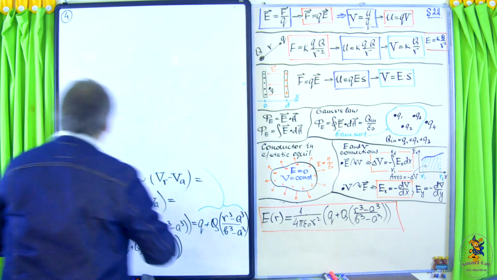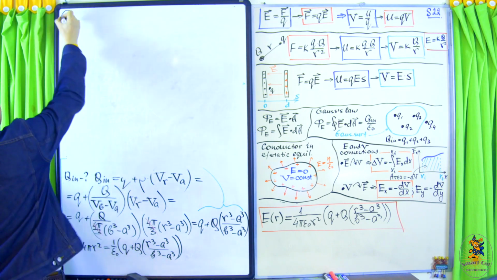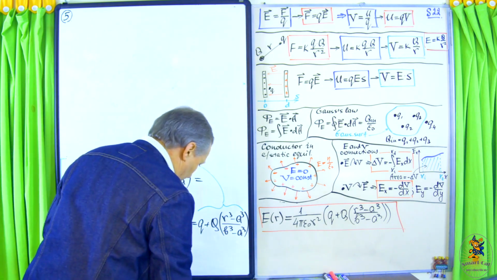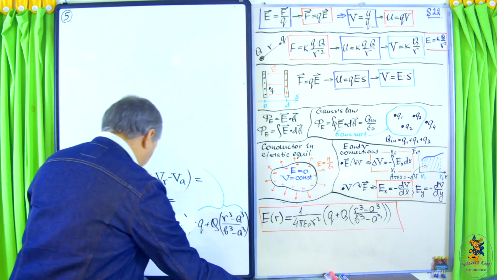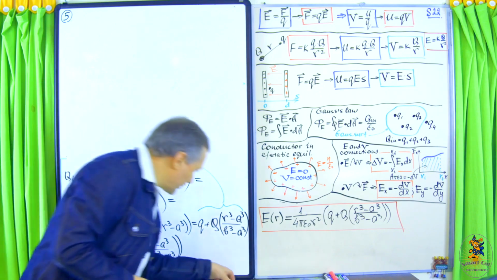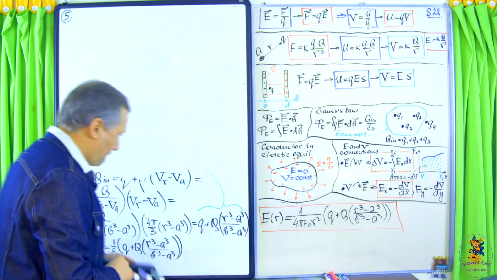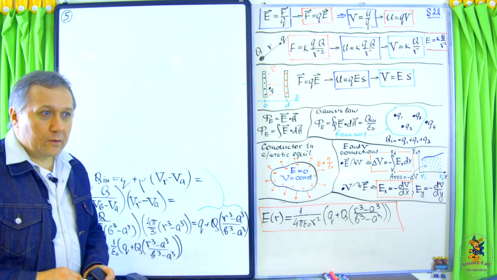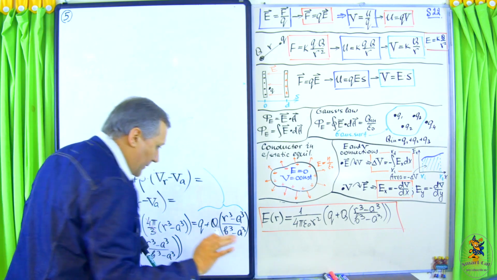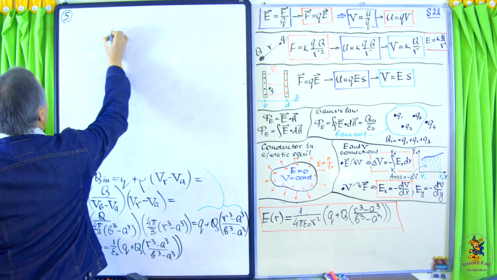So, problem 5, which will consist of a few parts. You know what? Let me start with this one, more complicated. I decided to give this problem during the virtual classes. Let's assume that we have this situation: cylindrical surface. Let me draw it here.